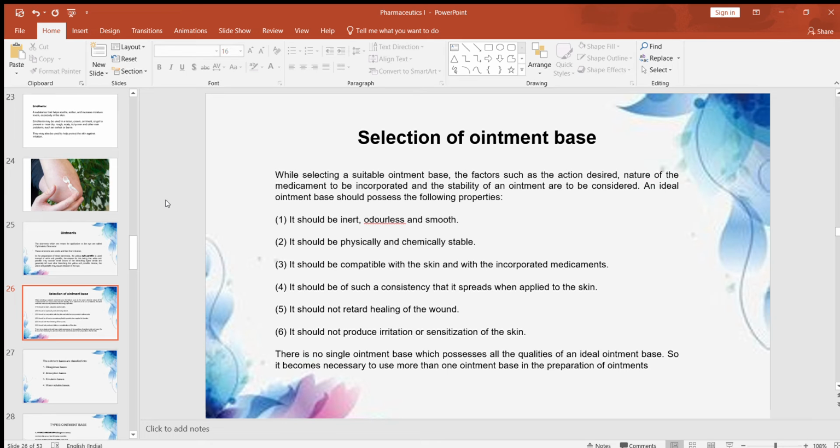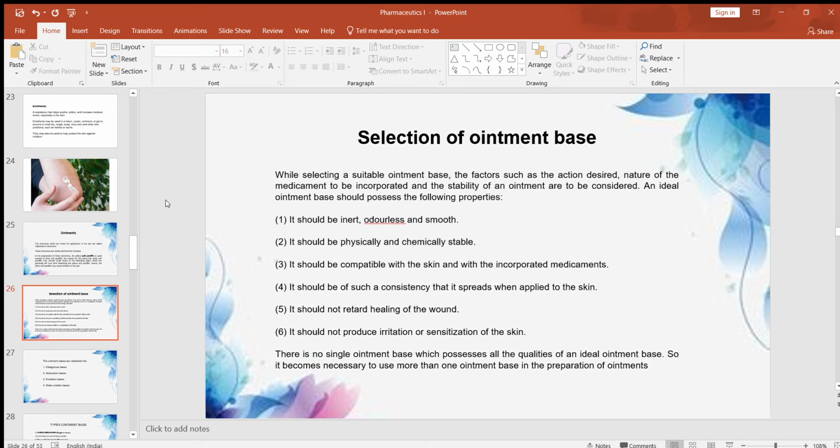So they are essential parts of your formulation. Without ointment base, you cannot prepare ointment. An example of which can be sulfur ointment. I mentioned one component of ointment base just a few minutes back. Anyone remember? Yes, correct. Soft paraffin is one of the components of ointment base.